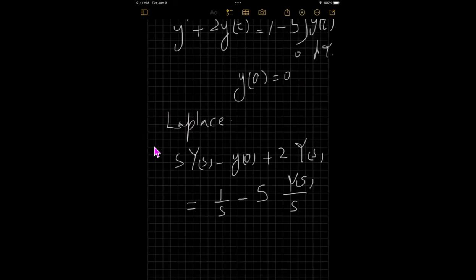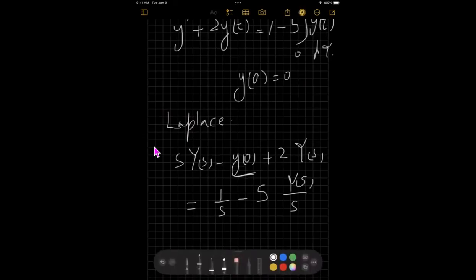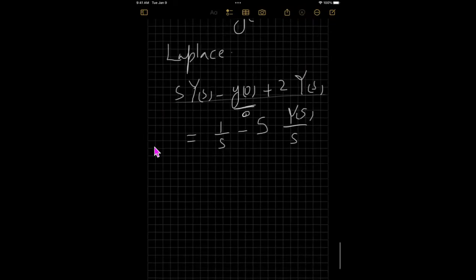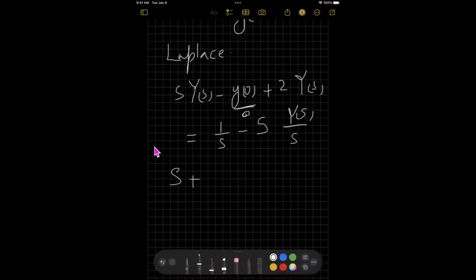So this is the first equation we have made. Now this is 0 term. This is 0. So we have s plus 2 plus 5 over s times Y equals 1 over s. Let me write it again, it is very confusing.